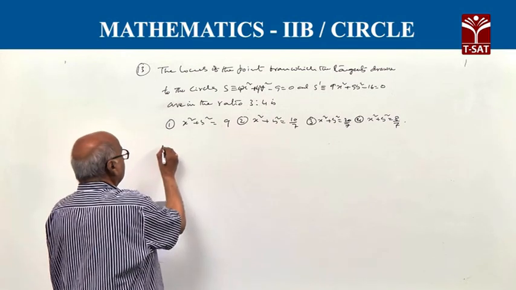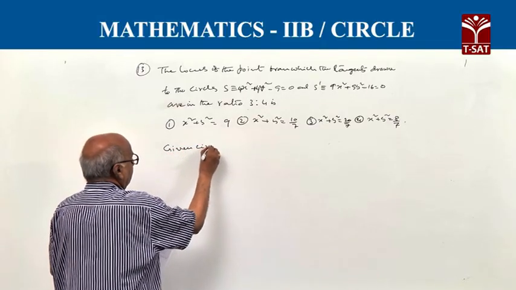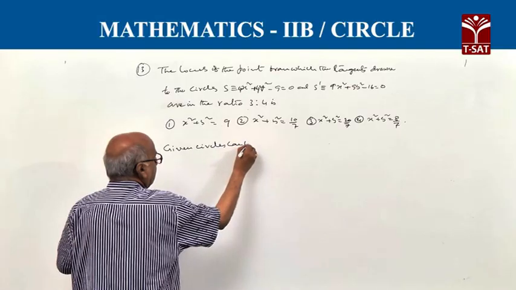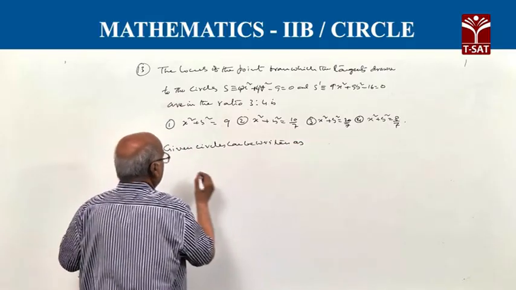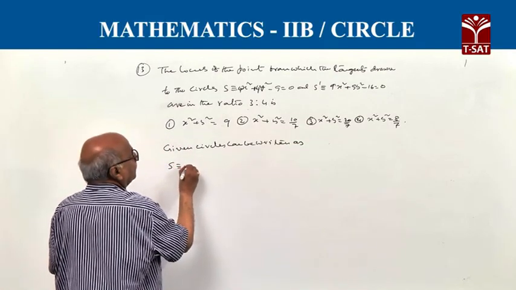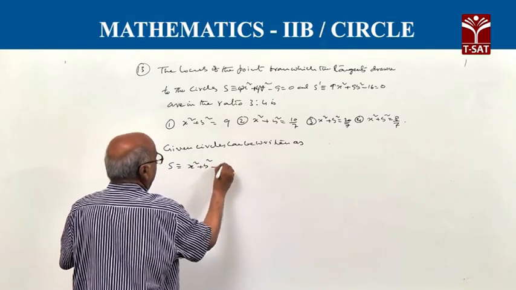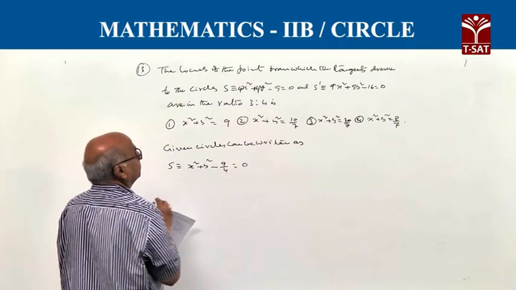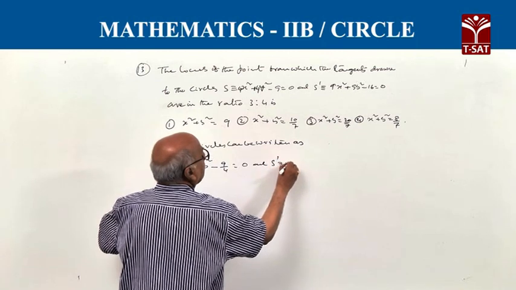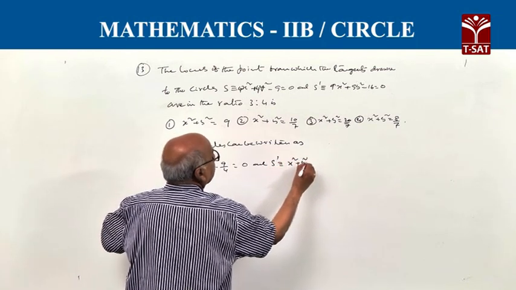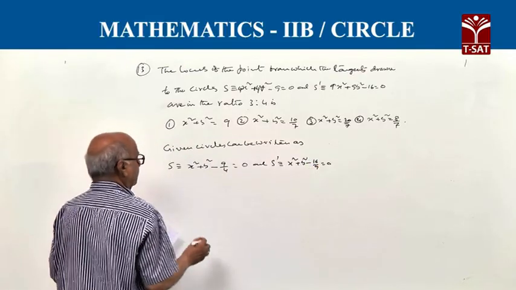Okay. Now, the given circles can be written as S is equal to x square plus y square minus 9 by 4 is equal to 0, and S dash is equal to x square plus y square minus 16 by 9 is equal to 0.